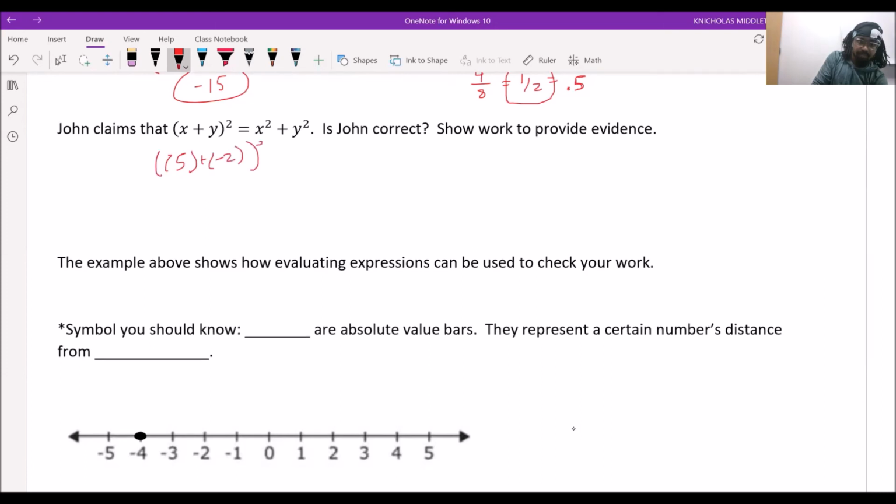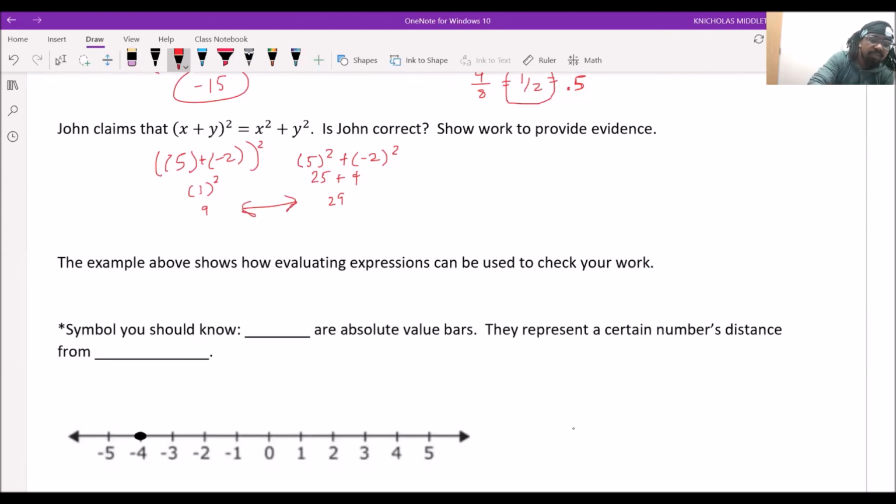So as we do this, we're like, okay, 5 plus -2, that's 3, right? And 3 squared is 9. Well, x squared plus y squared would be 5 squared plus -2 squared. So that would be 25 plus 4, 29. Are these the same thing?